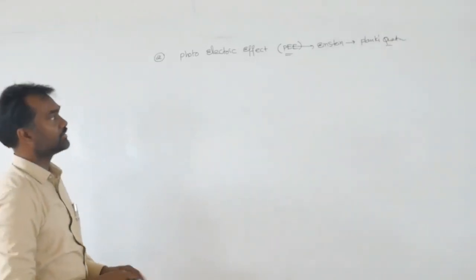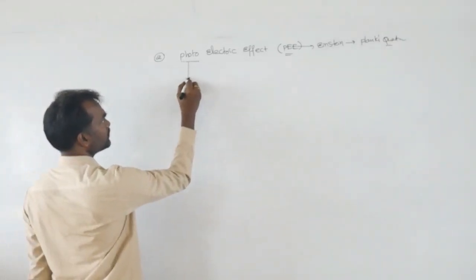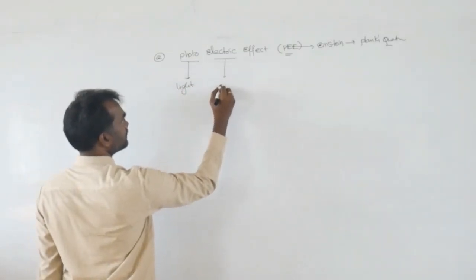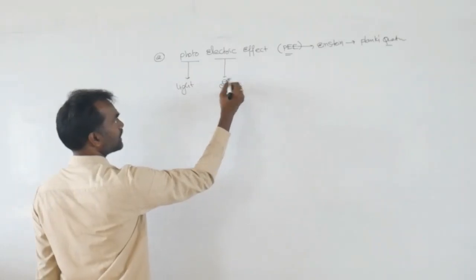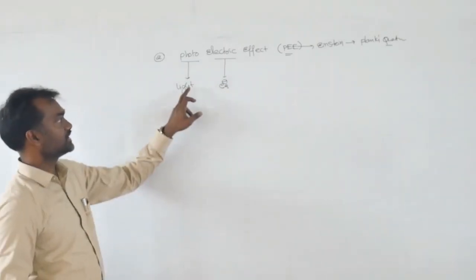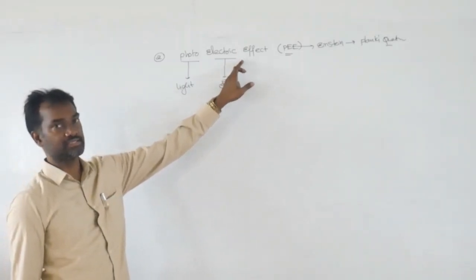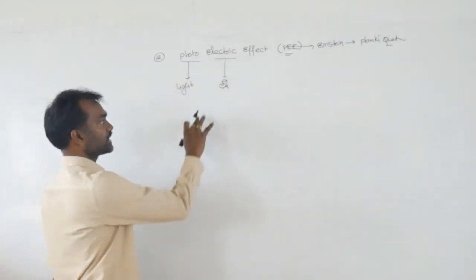See, the name itself: photo. Photo means what? Light. Electric means electrons coming outside. So in the presence of light, electrons come outside with kinetic energy. That is called the photoelectric effect.